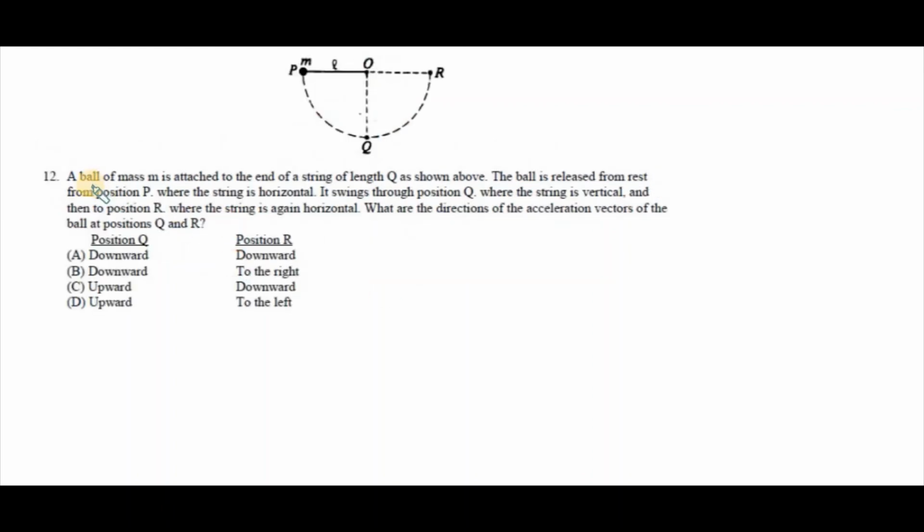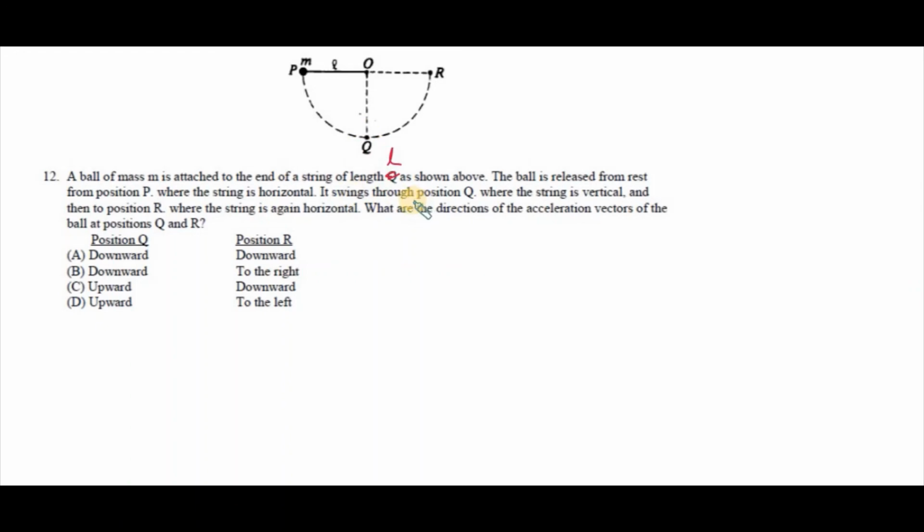Here a ball of mass m is attached to the end of a string of length L, as shown above. The ball is released from rest from position P, where the string is horizontal, and it swings through position Q. According to the given diagram its length should be L, not Q; Q is this end position.